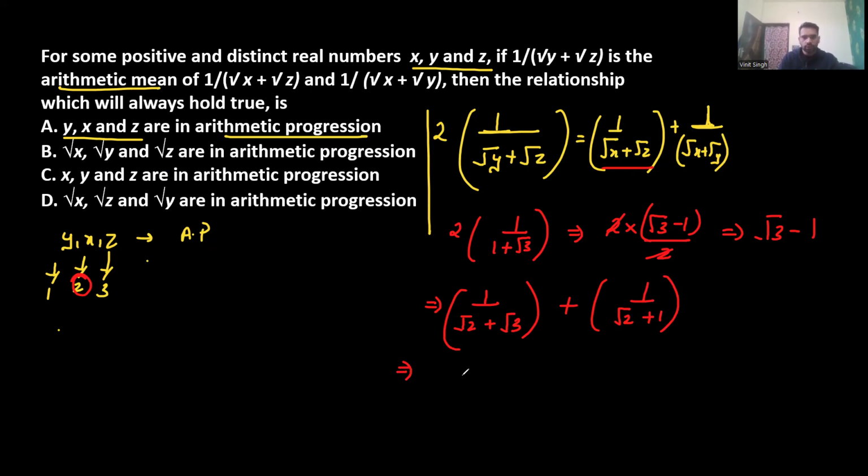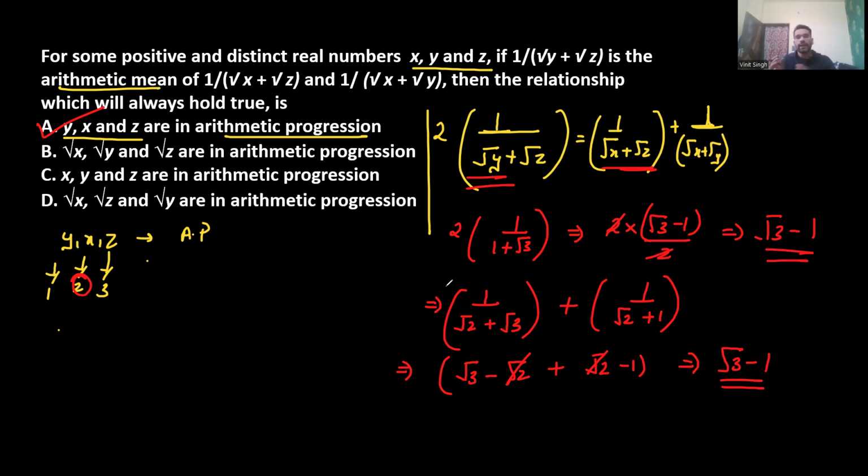After solving, root 3 minus root 2 plus root 2 minus root 1. The root 2 cancels, and we get root 3 minus 1 on the right hand side and root 3 minus 1 on the left hand side. So we can say option A will be the right one.